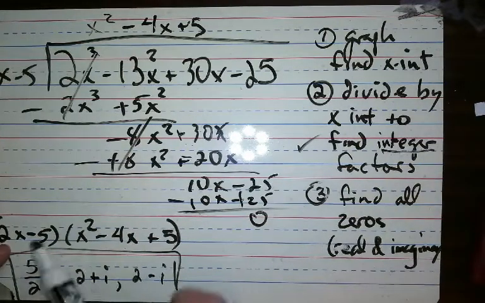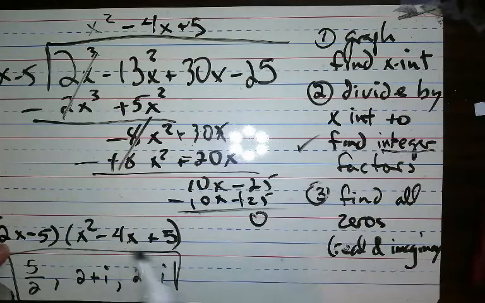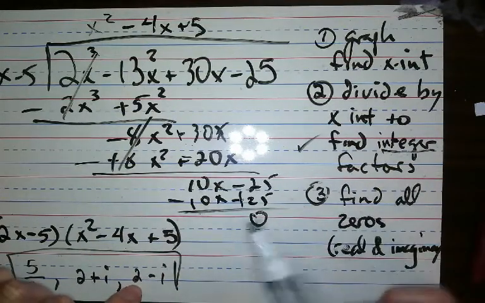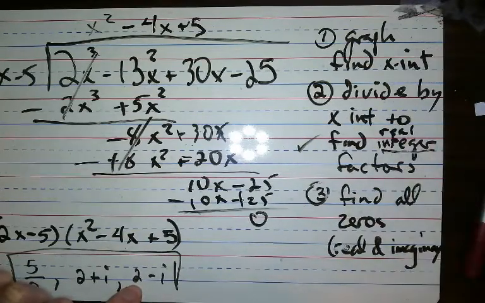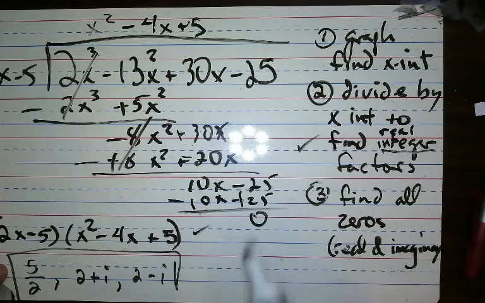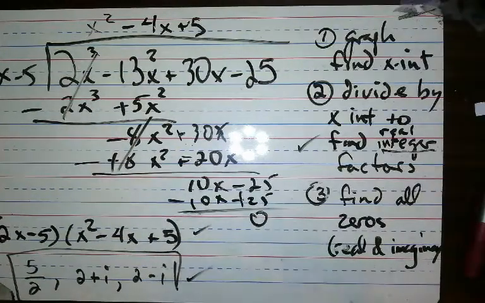We have 2 integer factors, because if you made factors out of this, you'd have imaginary values. That's not allowed. We want real integer factors, right? So we found the real integer factors, and we found all 3 zeros. That's the deal. Let's do it again.